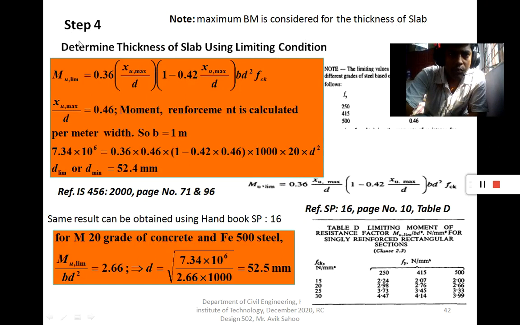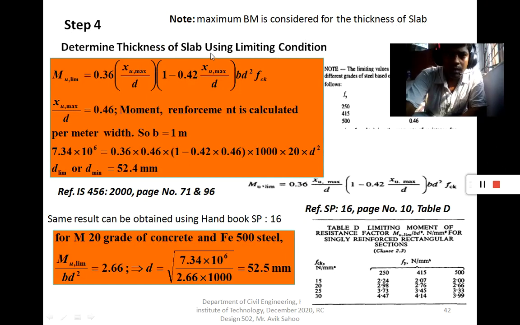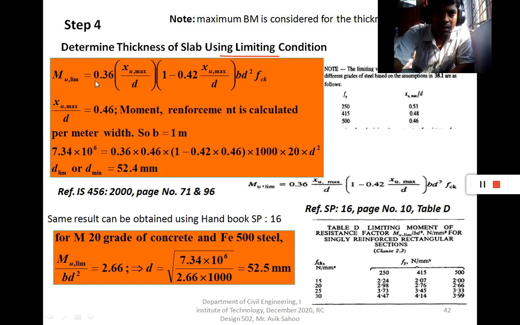Now in step 4 we determine the thickness of the slab using the limiting condition or balance condition. So the maximum bending moment is considered because the lower moments are automatically satisfied.